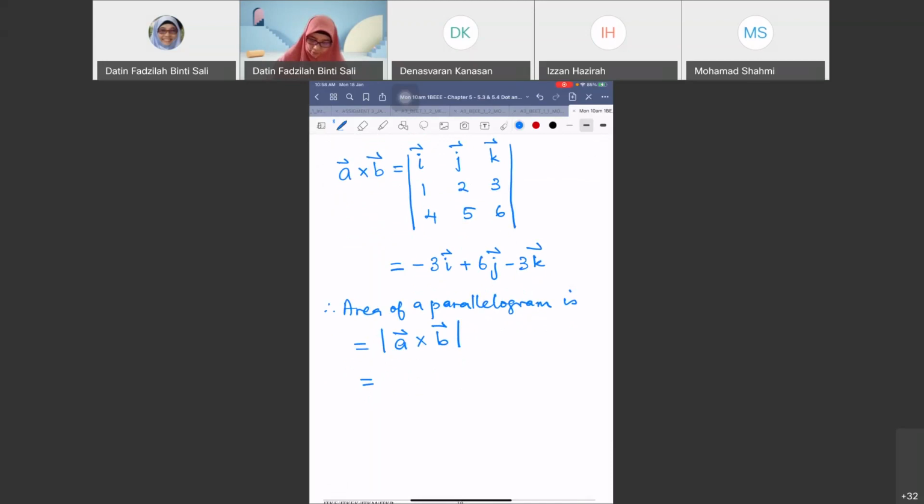Now you need to compute the magnitude, which means minus 3 squared plus 6 squared plus minus 3 squared, square root of that.